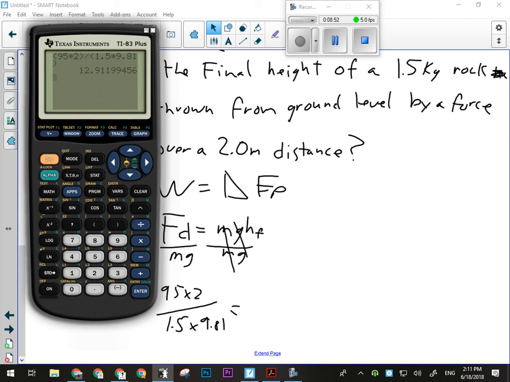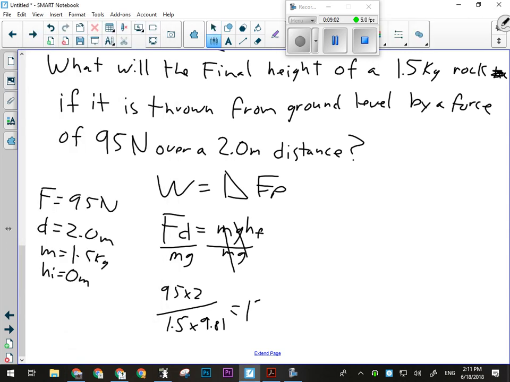So we are looking at a final height of just under 13 meters, so 12.9 meters.